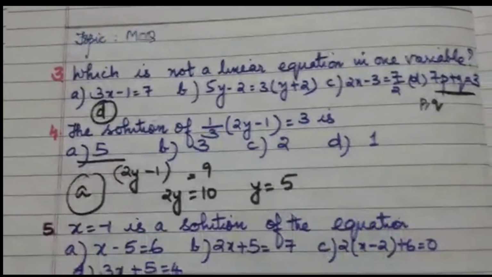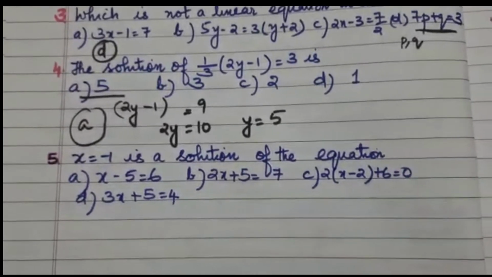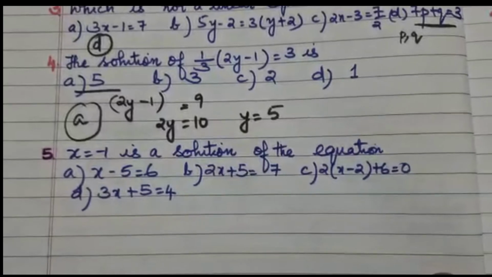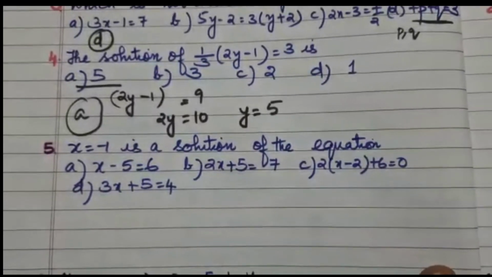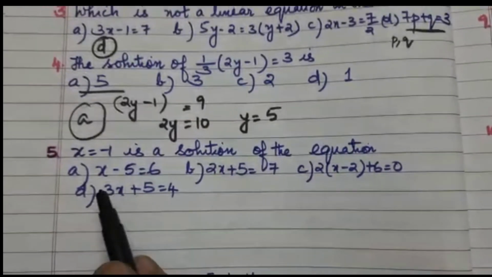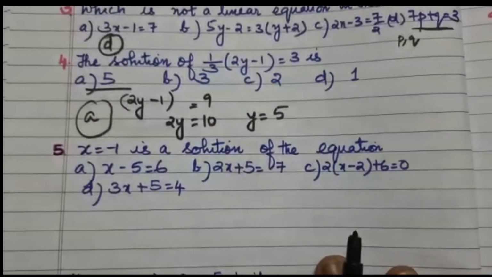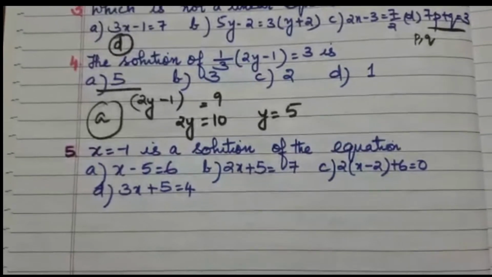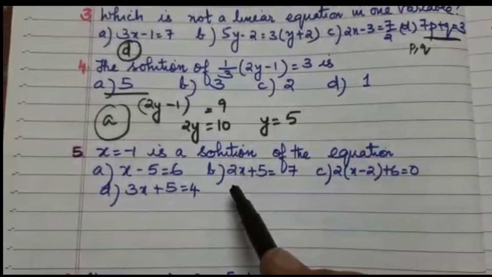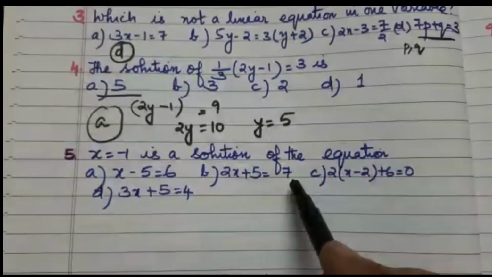Now next: x is equal to minus 1 is the solution given. You have to find out which equation has this solution. So what will you do? You have to substitute the value x equal to minus 1. So minus 1 minus 5 is minus 6, so not the first one. Then here 2 into minus 1 is minus 2, minus 2 plus 5 is not 7.